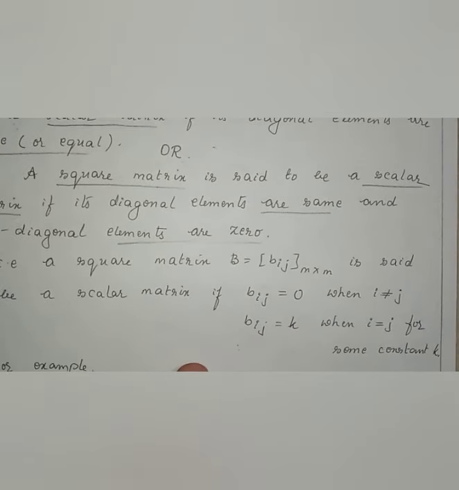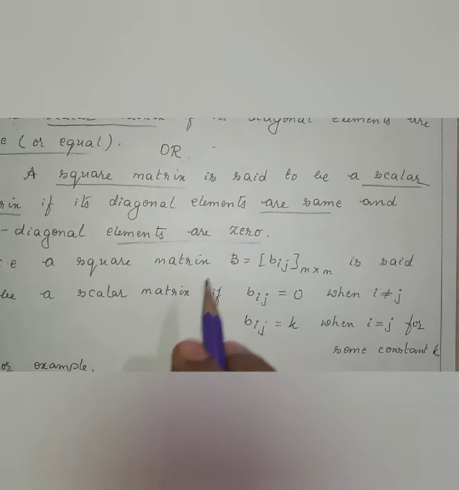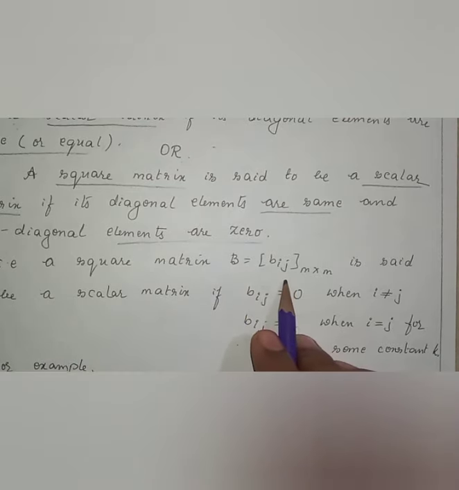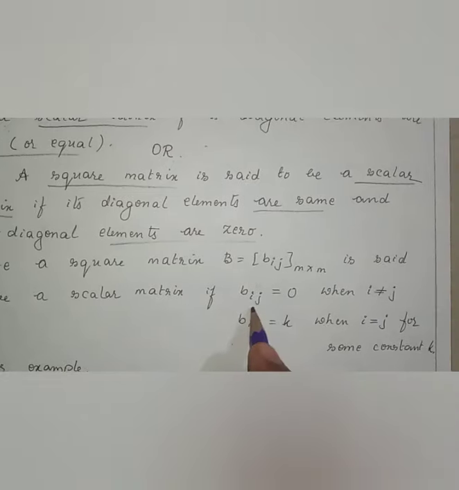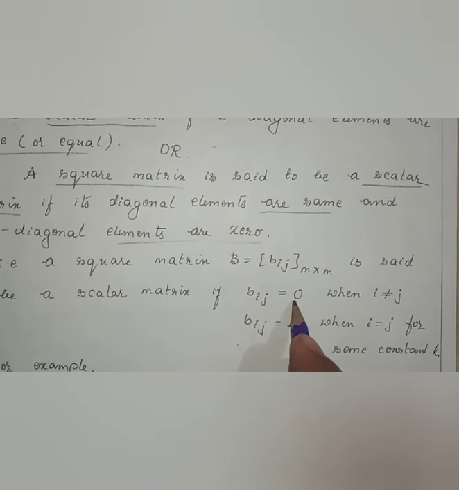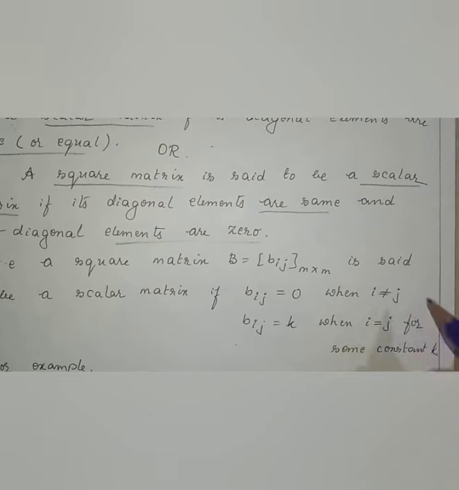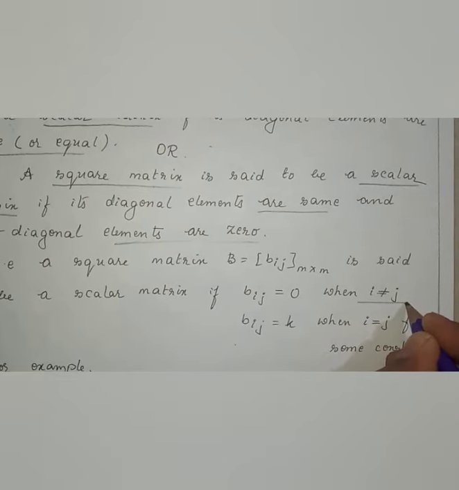That is, briefly we can define this as: a square matrix B equal to Bij is said to be a scalar matrix if Bij is equal to 0 when i is not equal to j. i not equal to j implies non-diagonal elements.